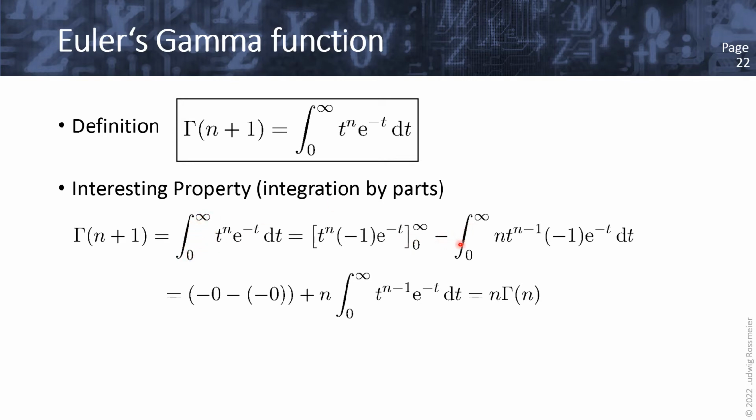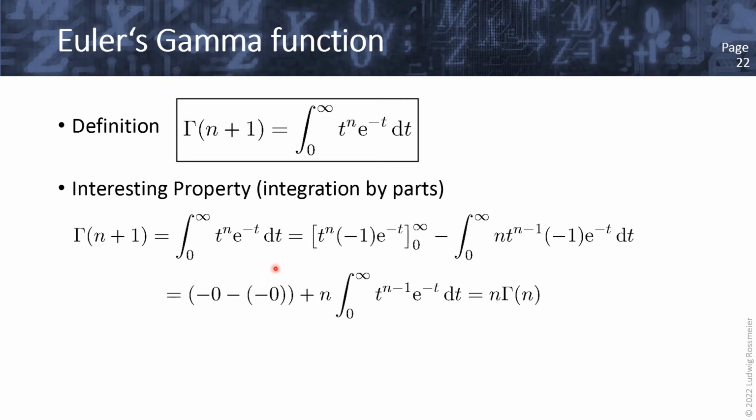And then we subtract the integral of the derivative of the first, which is n times t to the power of n minus 1. And again, we have the integral of the right-hand side of the product. We integrate, same limits as before.